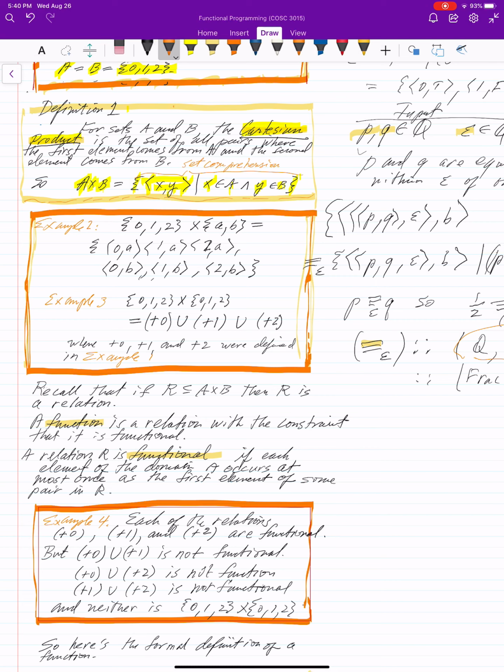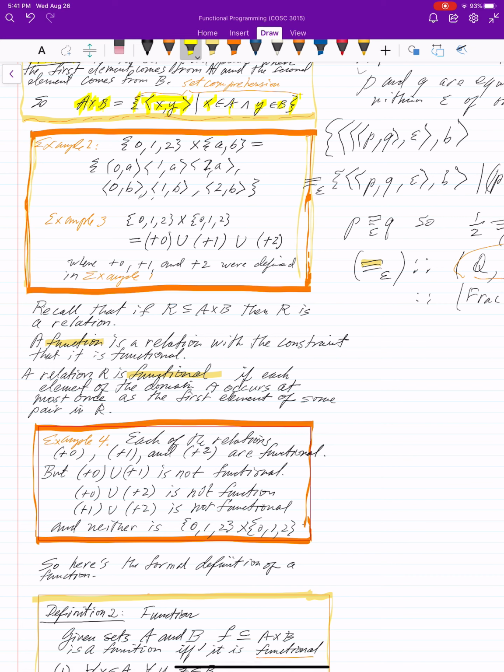Okay, so let's go back to the main line of discussion. Here's an example of Cartesian product. If you forgot that, you can look at this. The notes are in a PDF file with the same name as the link to this lecture.